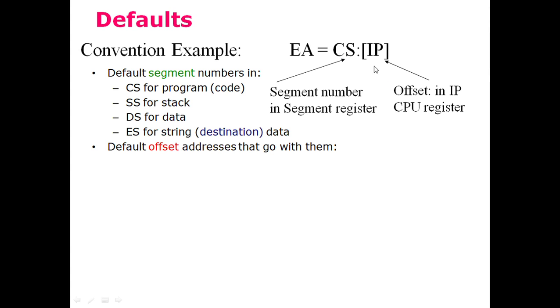The format is written CS:IP, in brackets. So the content taken from the code segment plus the content taken from the instruction pointer gives us the effective address for the code segment.